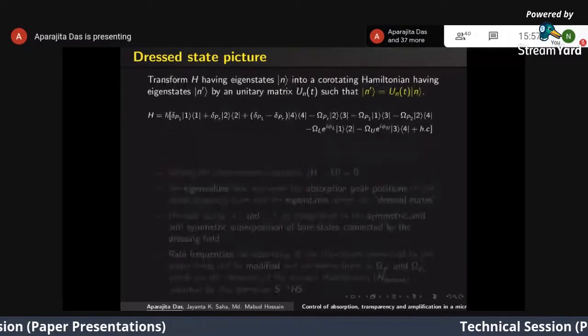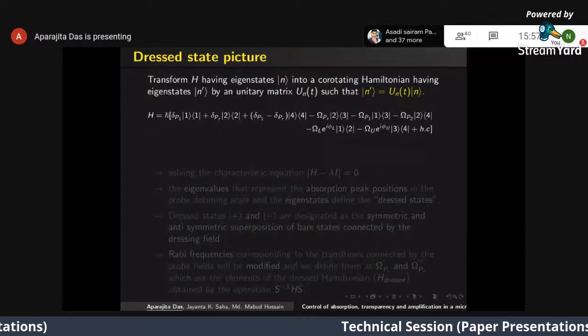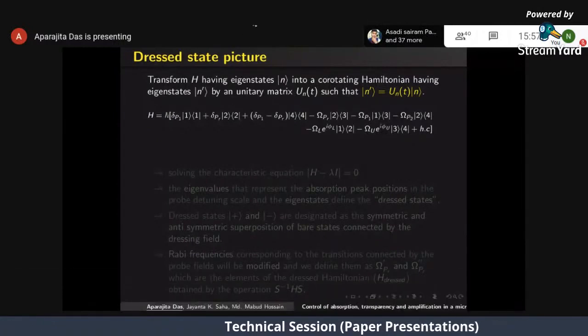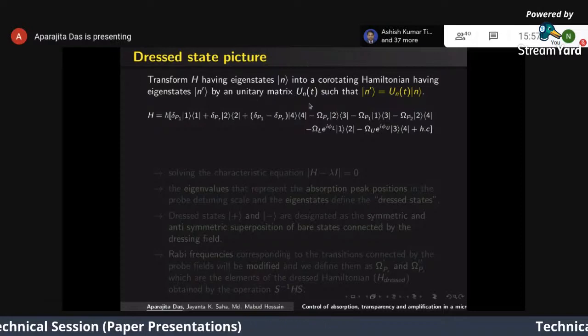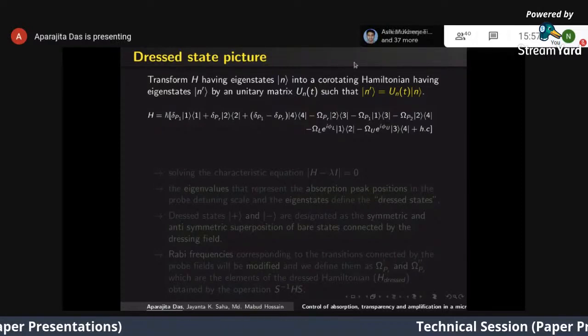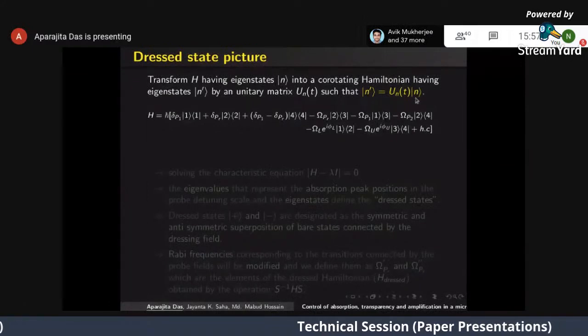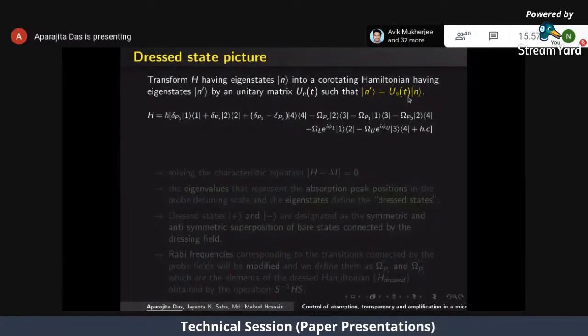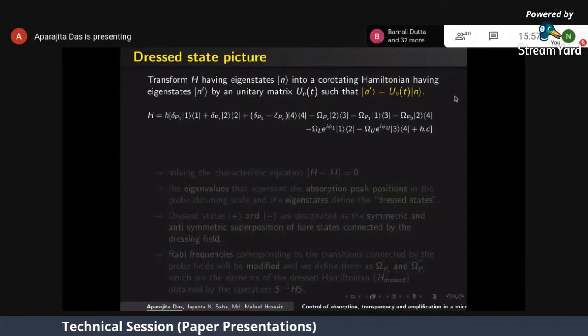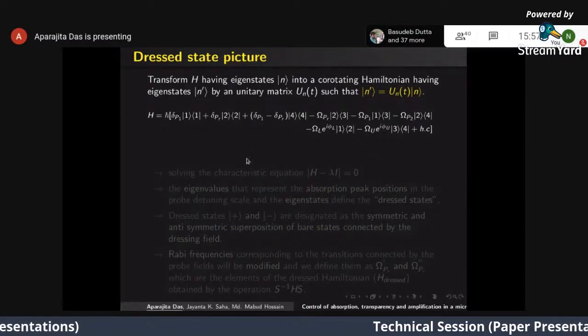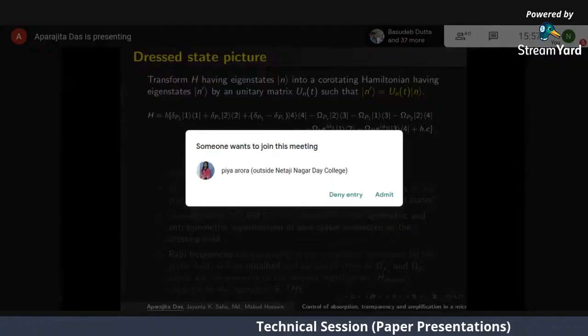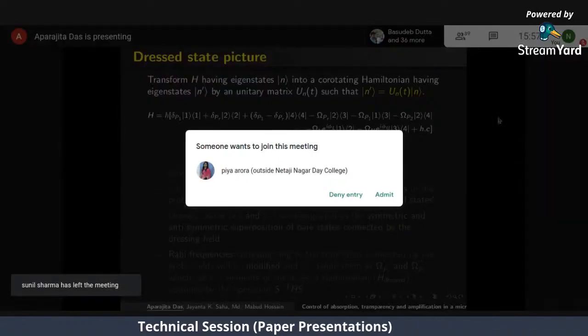Now we have to further transform that Hamiltonian into a co-rotating Hamiltonian by a unitary matrix. That unitary matrix satisfies this relation. I'm not showing all the detailed steps, and finally we get the expression of the total Hamiltonian.